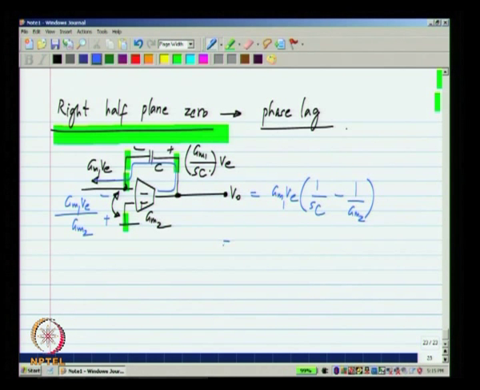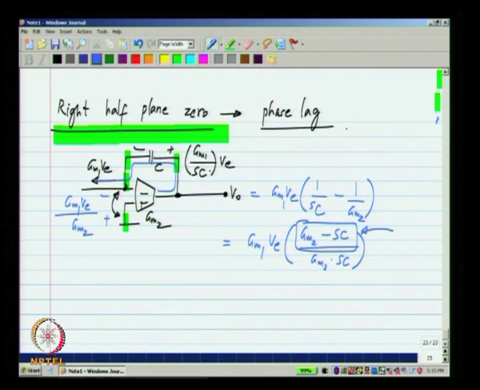Now, this is what results in the right half plane 0. This is exactly the term we saw in the numerator earlier also, and that is what gives you the right half plane 0. And we want to get rid of this one.